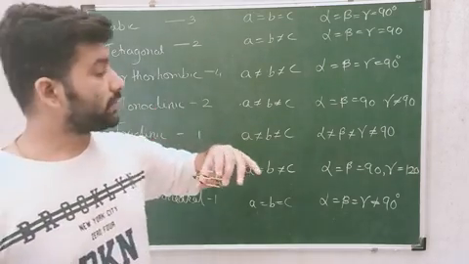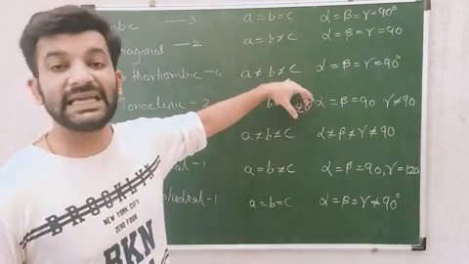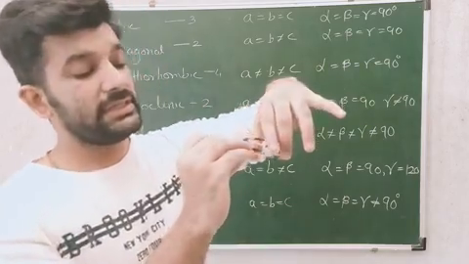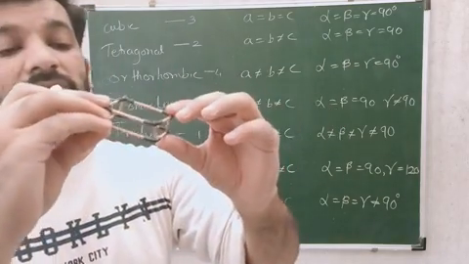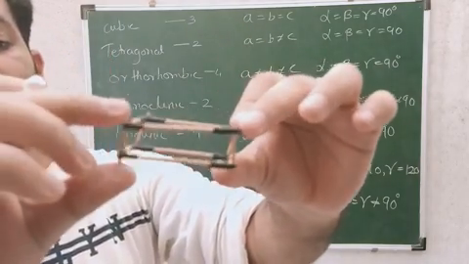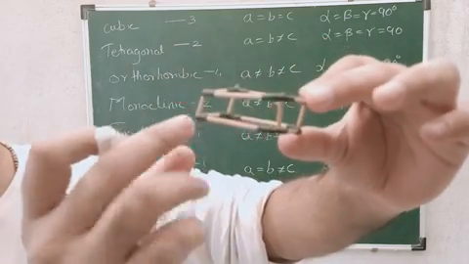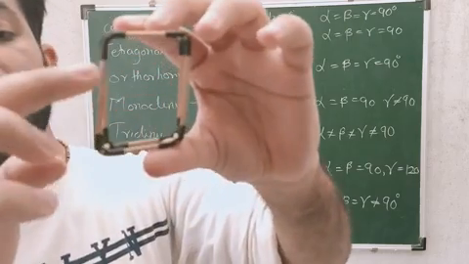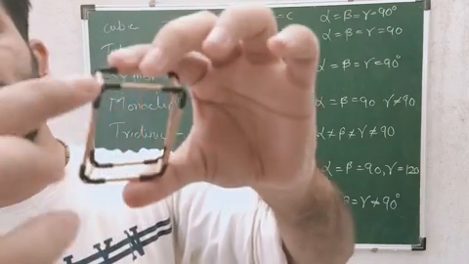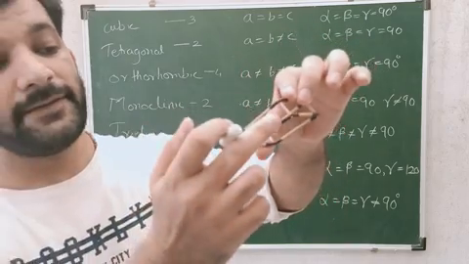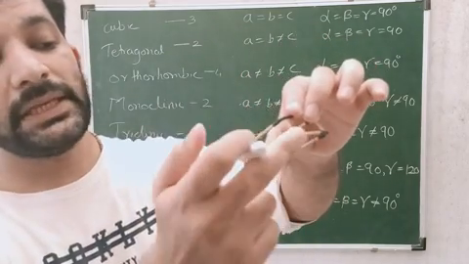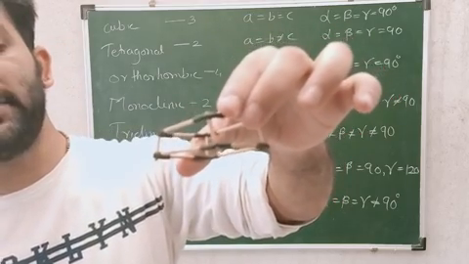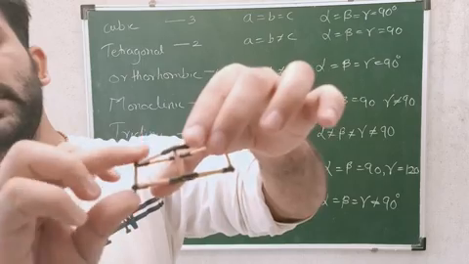Next I am having what? Orthorhombic. Now orthorhombic means what? We have all the edge lengths different, but the angle between them is 90. Means here I have a structure which I will show you over here. In this case you can see that A, B and C, the edge lengths, are different. Here I will show you. This is A, B and C. These edge lengths are different and the angle between them should be 90.